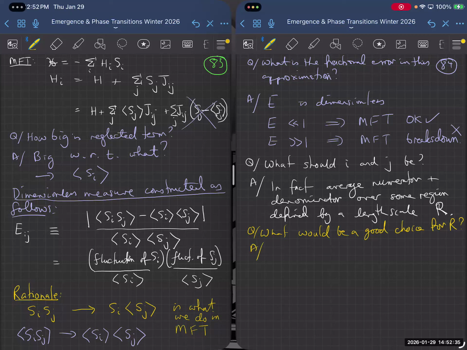So now the question you should ask is, what should this length scale be? A naive answer might be, well, these spins interact with their nearest neighbors. So why don't we just average over the length scale which is the nearest neighbor length scale, the distance between this spin and the neighboring spin? So you might say the range of interaction.